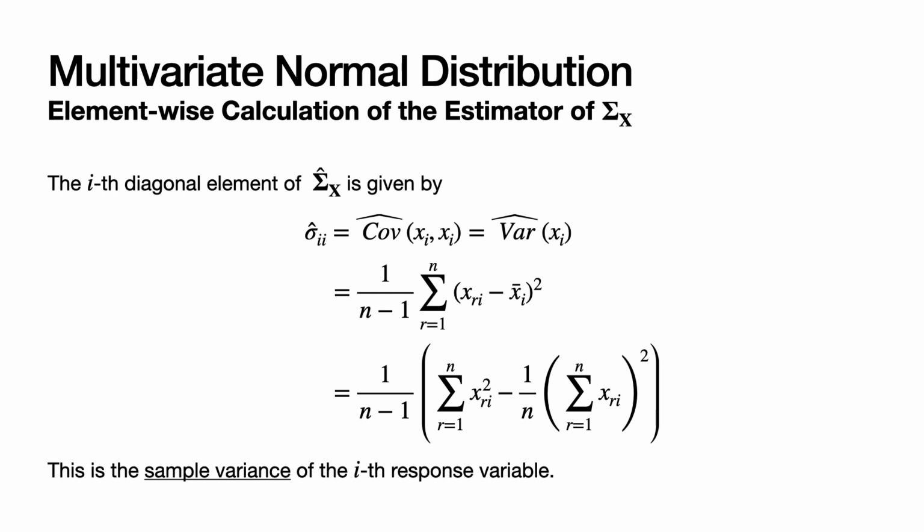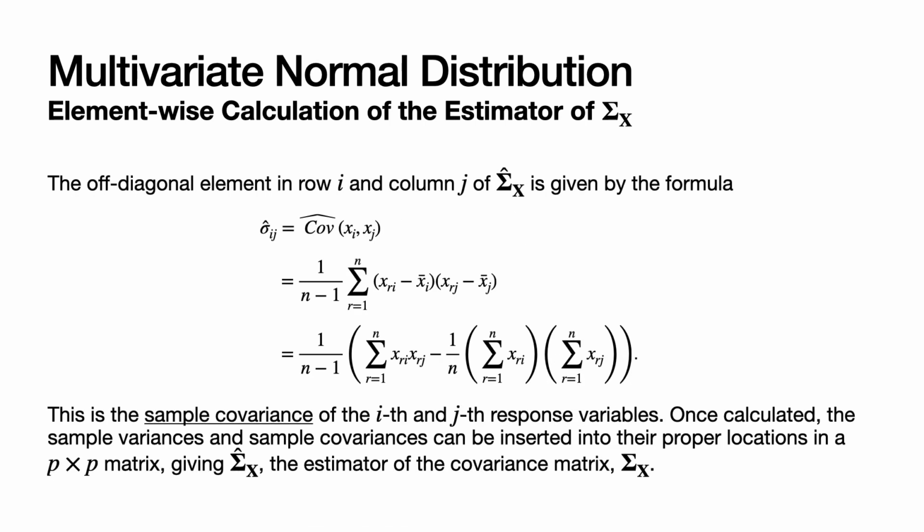The ith diagonal element of cap sig hat sub x is given by lowercase sigma hat sub ii. That is the estimated covariance of x sub i with itself, and that in turn is the estimated variance of the ith variable. And so this is the sample variance of the ith response variable.